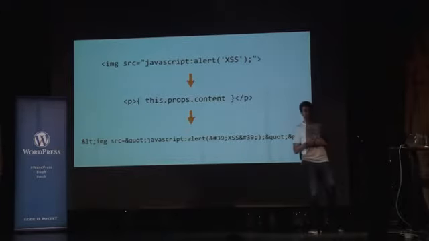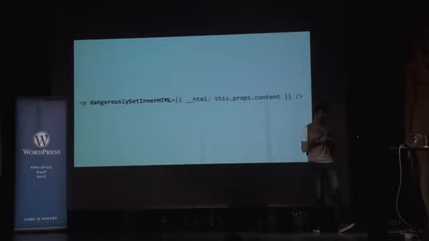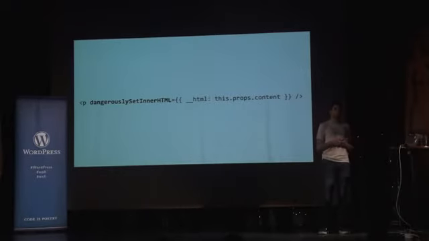Of course, you sometimes want to pass real HTML. Let's say you need some markdown stuff, or some HTML is coming from the database. And React is pretty flexible, and it lets you do this. However, you need to do it like this.